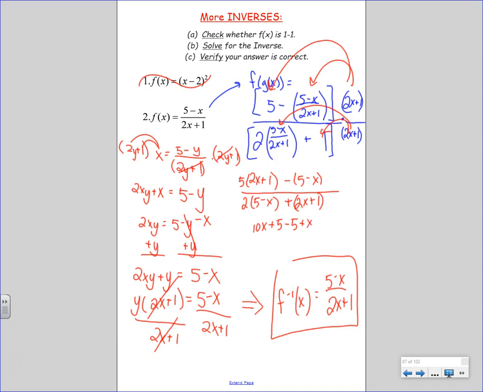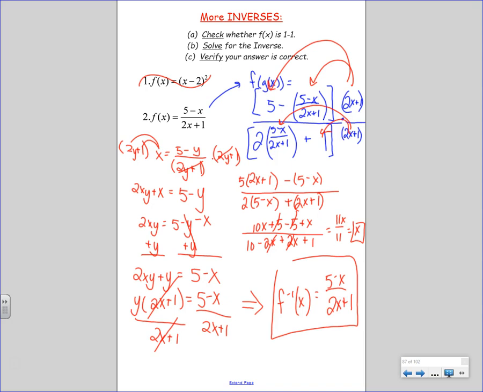I did not kill a seal, I distributed that negative. Oh look, the 5's canceling. On bottom I get 10 minus 2x plus 2x plus 1. The 2x is canceled. I get 11x over 11. Oh my goodness. That's one way.